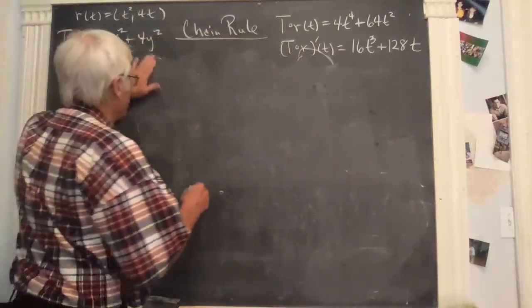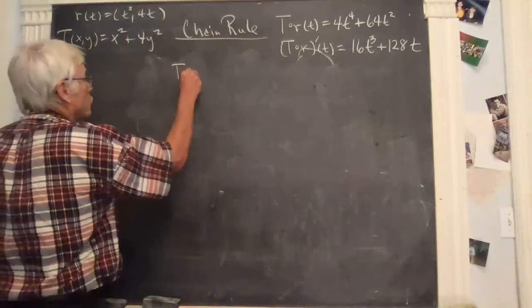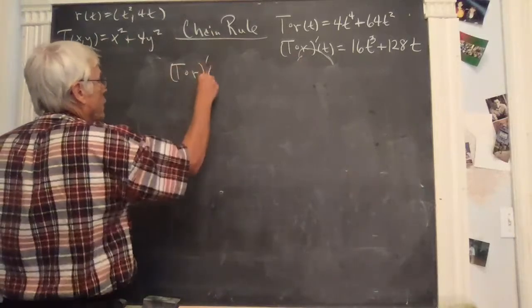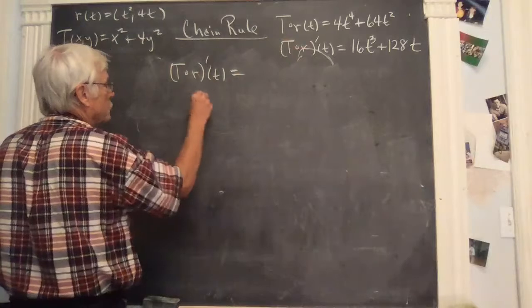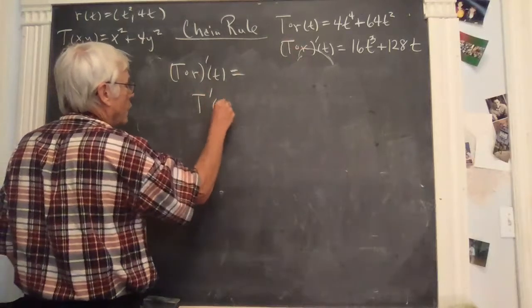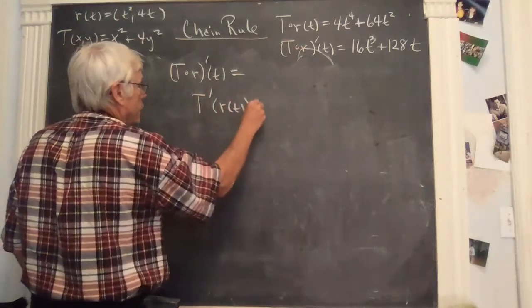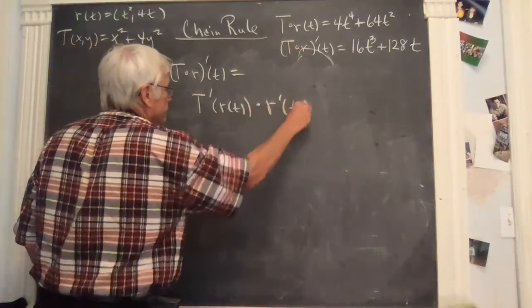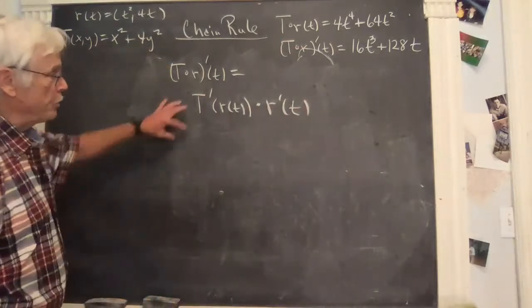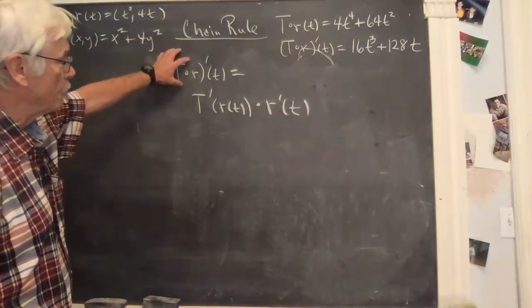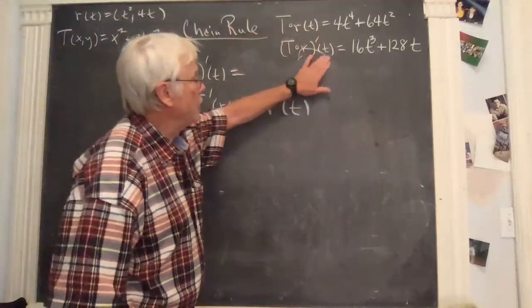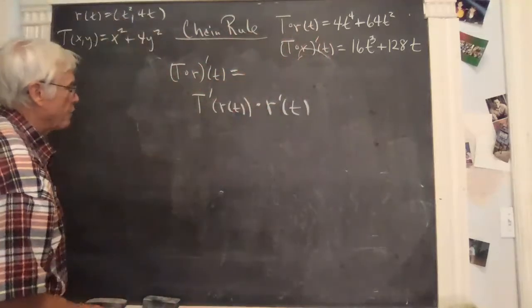And I'll put up the chain rule here. The derivative of T composed with R, which we already computed, will be equal to T prime of R of t times R prime of t. So what I want to compute is these things now. We computed the left-hand side, or what's above, here. But now we want to compute the other side.